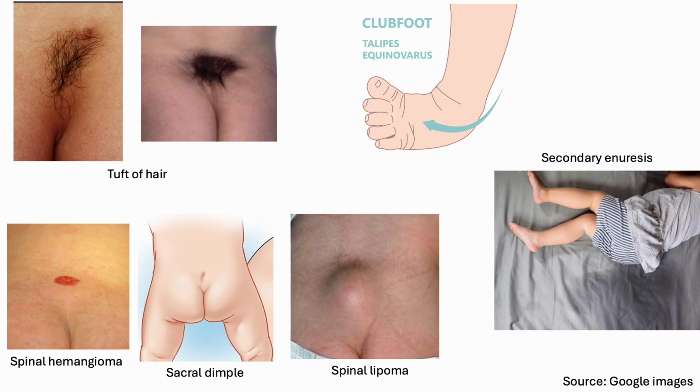Enuresis, which is urinary incontinence in a child, can also raise suspicion for a neural tube defect when primary enuresis persists beyond the age of toilet training, or secondary enuresis occurs where a child who has previously been dry starts wetting again. Enuresis that is refractory to conventional behavioral and medical treatments, particularly if it is severe or associated with urinary urgency, frequency, or retention, can also be concerning for a neural tube defect.